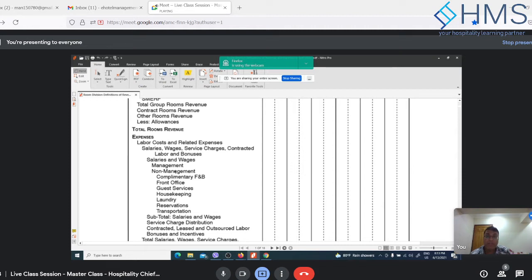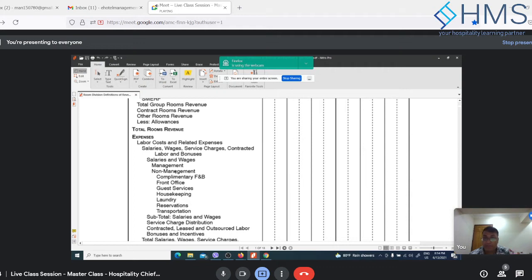Laundry department: in many hotels the laundry will be a separate department, and if they are serving outside guest laundry as well, then the laundry department will not be a part of the room division. But in many hotels the laundry is included as a cost center in the rooms division. So laundry will be separated here.